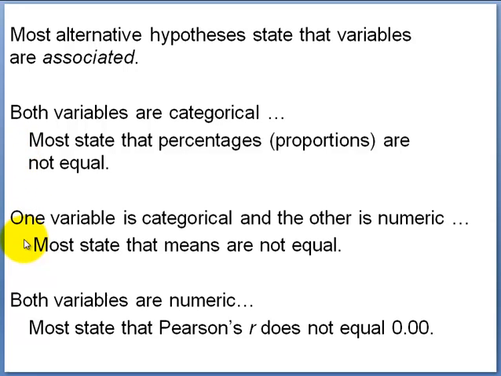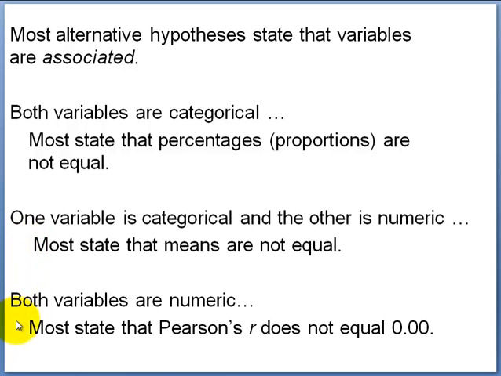In the situation where one variable is categorical and the other is numeric, the alternative is typically going to state that means are not equal. So in our self-esteem example, the alternative was stating mean self-esteem is not equal for women and for men.